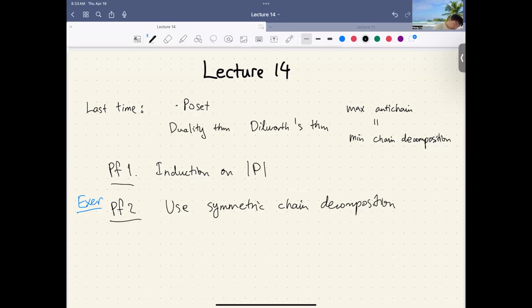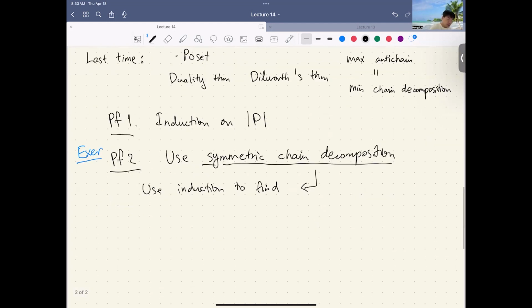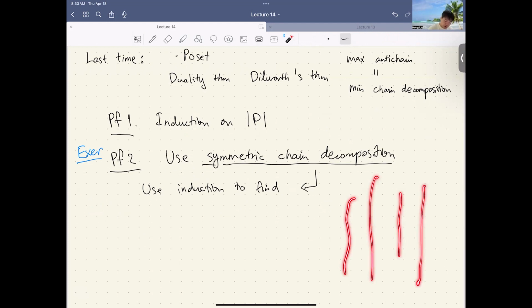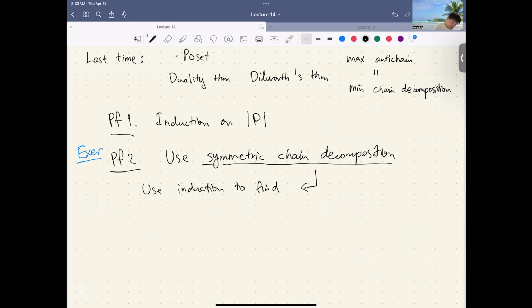So the idea is to use induction also to find a symmetric chain decomposition. What does symmetric chain decomposition mean? It's just a decomposition of the poset into chains, but every chain is symmetric. So here I need to tell you the definition of a symmetric chain.